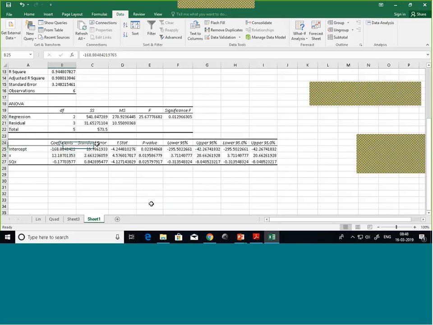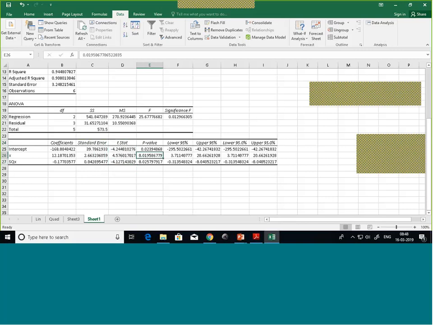Next column is standard error for all the three coefficients. We have a formula for that, long back we discussed. Next, we calculated T statistic for all the three coefficients. But remember, for individual significances, we need tests for only beta 1 and beta 2. Beta 1 and beta 2 means B1 and B2.